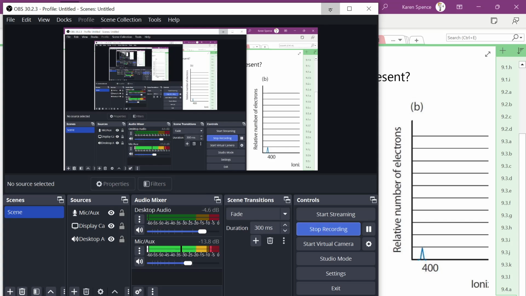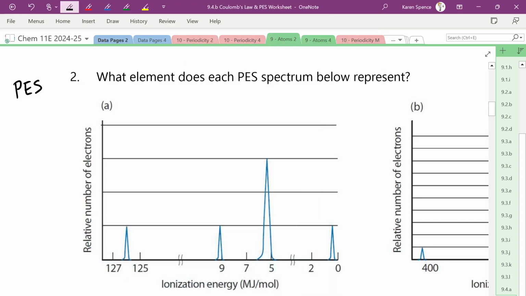And where does the photo come from? We throw some light at an atom, and it's a little bit like ionization energy, except that instead of removing the energy required to move a valence electron, it's the energy to remove any of the electrons. Okay?